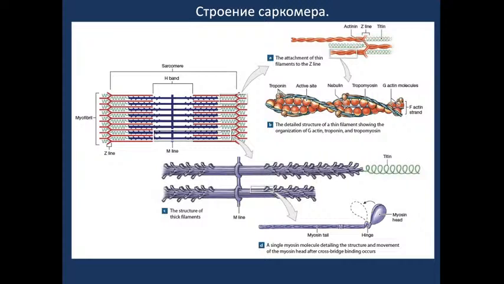The dark middle part of the sarcomere is the A band. Here is the A band, which is dark, and this is the I band. The I band is a lighter, less dense area that contains only thin filaments but no thick filaments, only actin but no myosin.